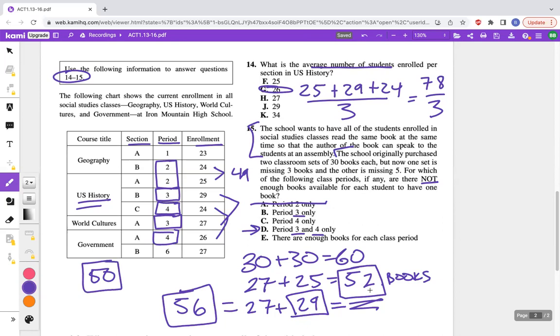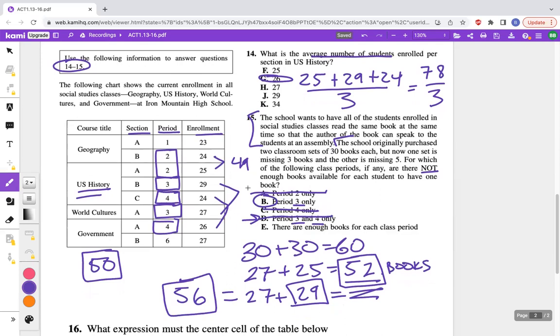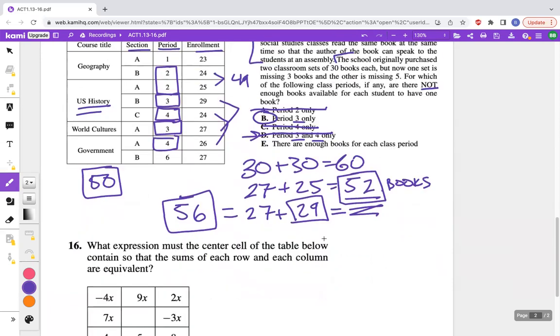So 50 students is enough for 52 books. So it's not going to be 4 or 3 and 4. It's only going to be the third period that doesn't have enough books. All right, these can be a little wordy when you go through, but just take it piece by piece and take your time to really understand what the information is telling you.